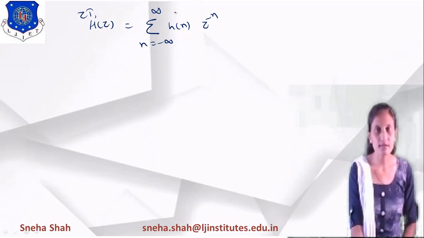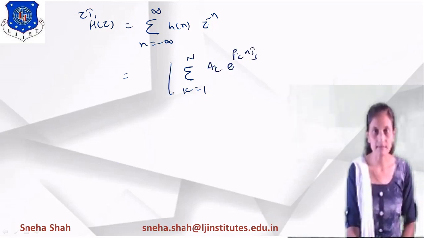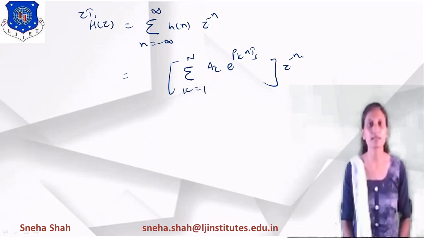Now in place of h of n, I put its value: the summation k equals 1 to n of Ak e raised to pk Ts n, and z raised to minus n remains as it is.